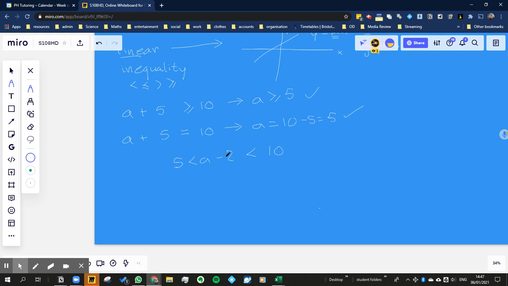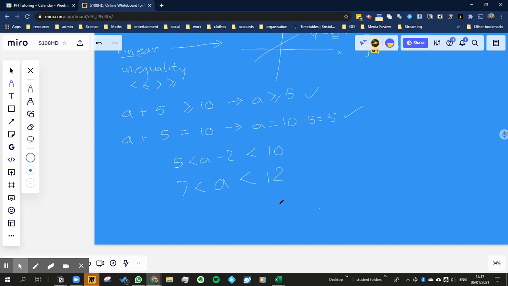So I'm going to add 2 to the middle, which will leave me with a. But I would have to do the same with the other ones. So it would be 7 is less than or equal to a, and a is less than 12.